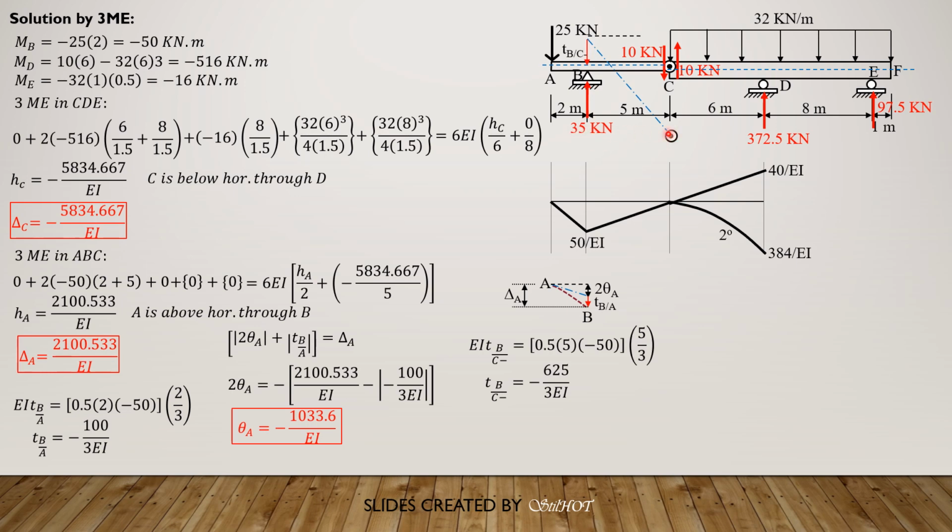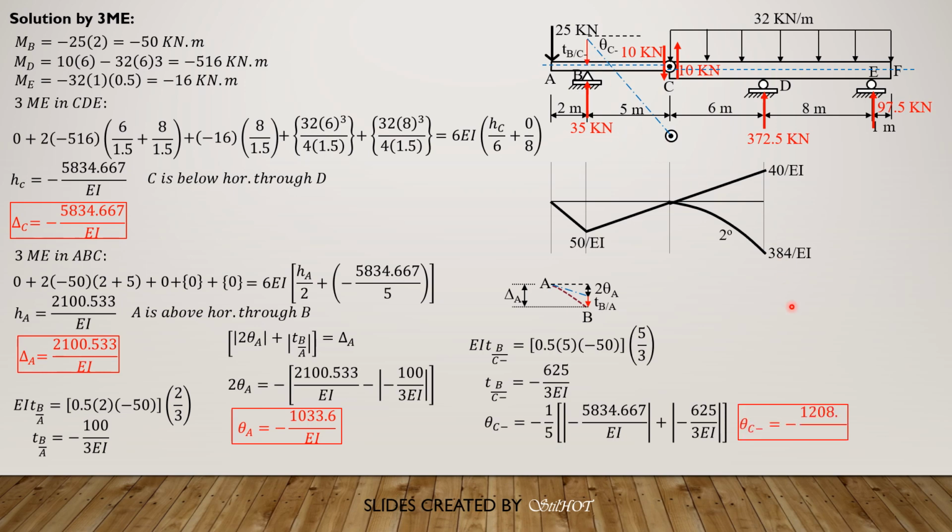vertical divided by the horizontal distance 5 is equal to the slope. But we expect the slope at C to be negative because that kind of slope is downward to the right. That's negative slope. So therefore, the slope at C left is equal to negative of the absolute value of delta C plus the absolute value of the deviation of B relative to C left, divided by 5.